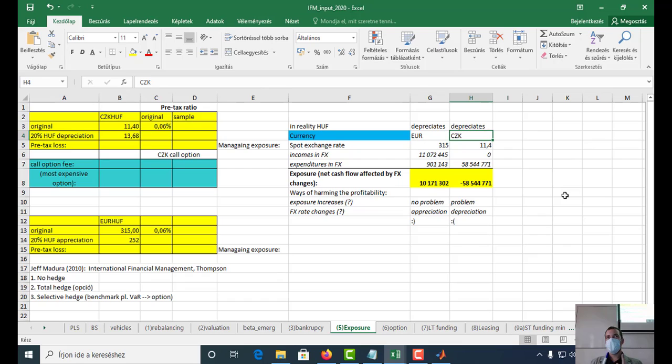Then we can say that we want to hedge the entire exposure from year to year. It doesn't matter because we are defining exchange rates like 10 Hungarian forints for a Czech koruna exchange rate, and then we will always purchase it as an option, and after that we can pay our expenditures from this amount of money, or we can say that we will just use options when the market is in stress.